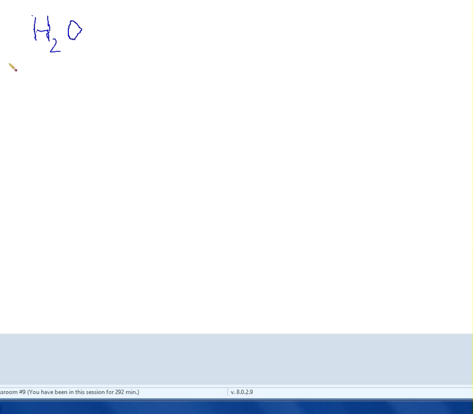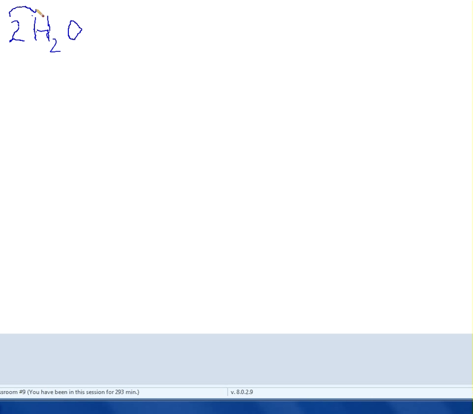Okay, now what if I put a 2 in front? Let's make it 2 molecules of water. Now, how many atoms of hydrogen do I have and how many atoms of oxygen do I have? Interestingly enough, this 2 actually has something to do with this one here.